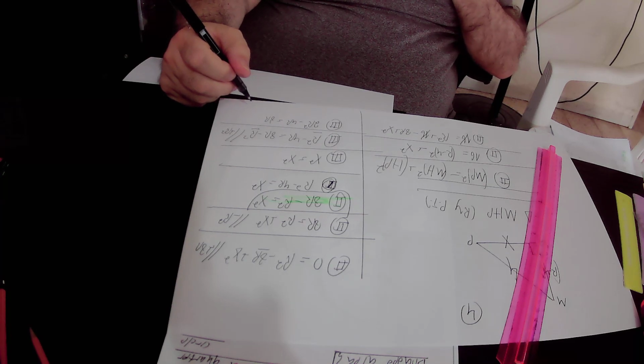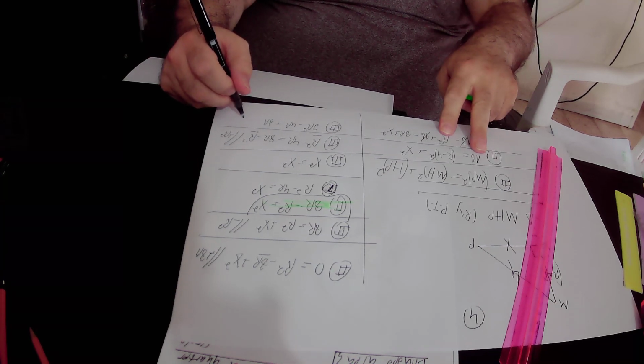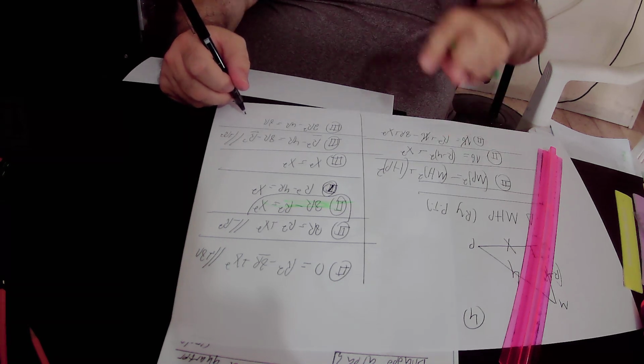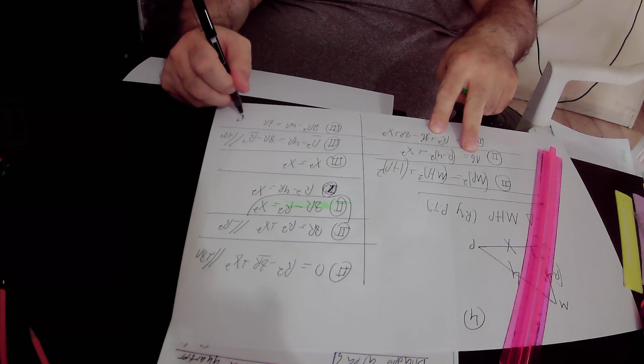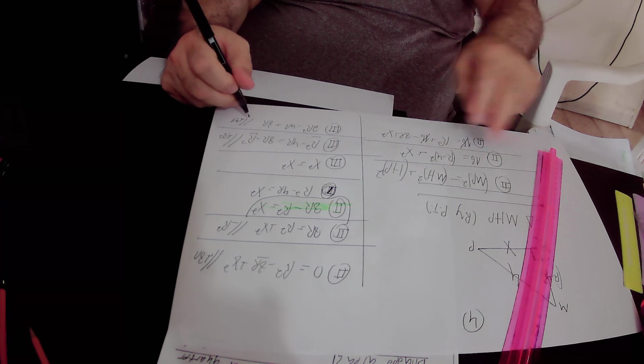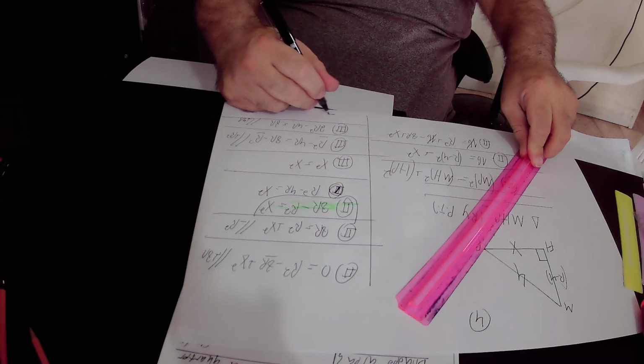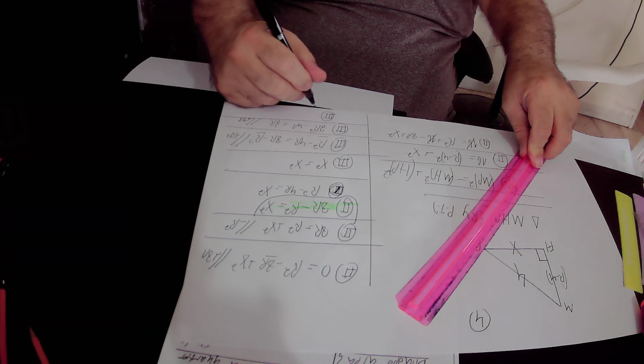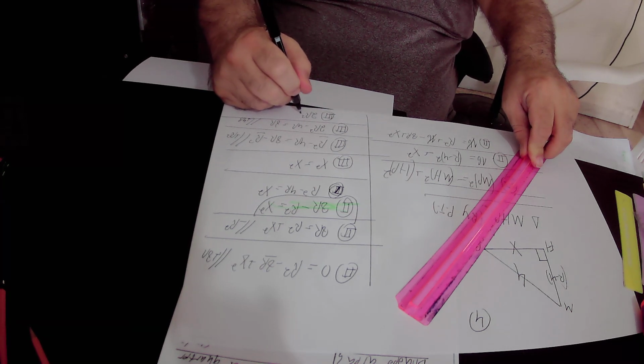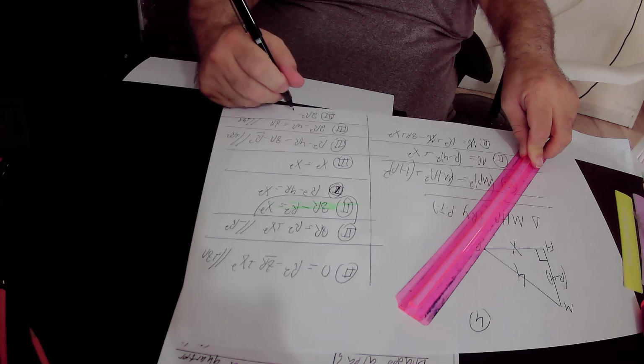So here we will add 4R to this equation, equation number 3, and we'll get that according to equation number 3, 2R squared equals 8R plus 4R, that is 12R.